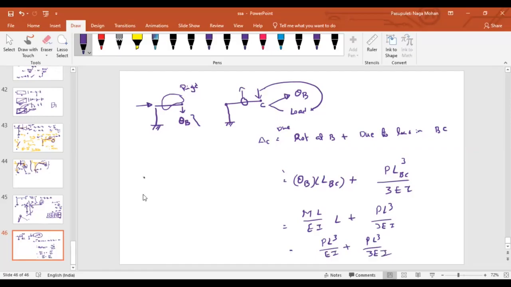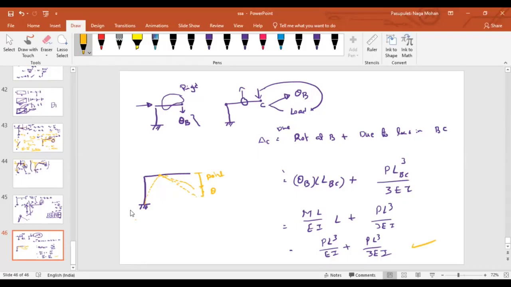So if I ask you to represent the deflected shape, if I draw it, first what I will draw is the rotation at C, and then the final deflection will be somewhere here. If I divide this portion from here to here, I will say that this is because of the load in the portion BC and this additional part because of the rotation.